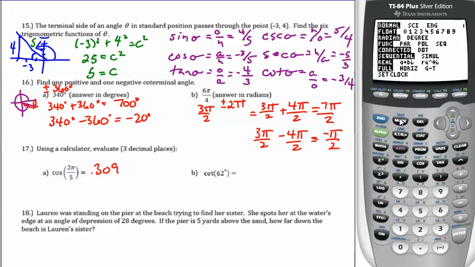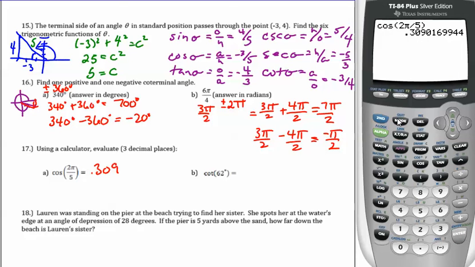The next one is in degrees, so I need to switch over to degrees. So mode, go down to radians, and then go over to degrees, press enter. Now I'm in degree mode, second quit, and there is no button for cotangent. So I do know that cotangent is the same as 1 over tangent. So that's what I type, 1 over tangent of 62 degrees.